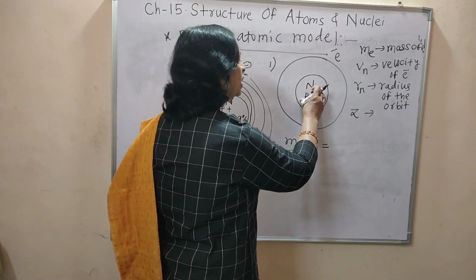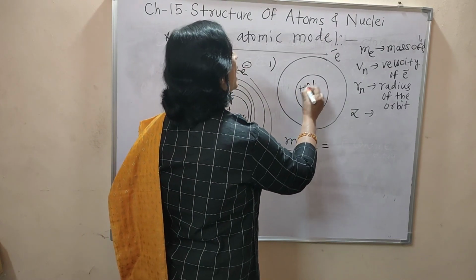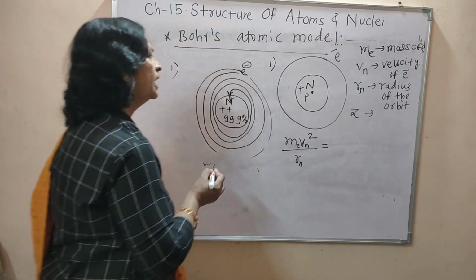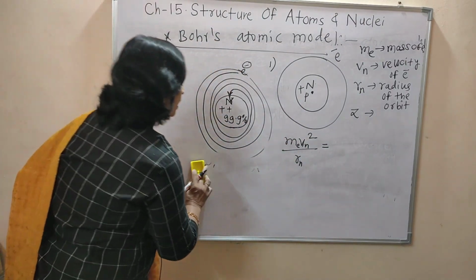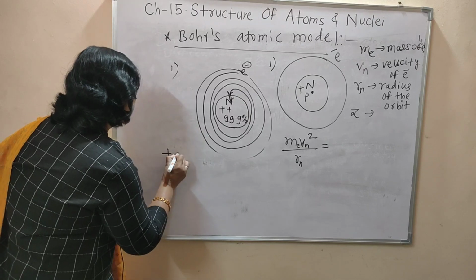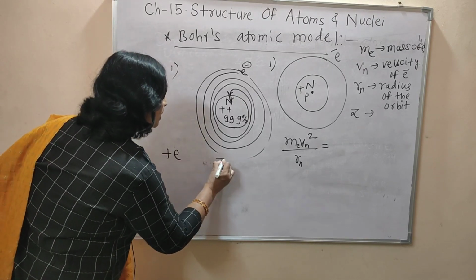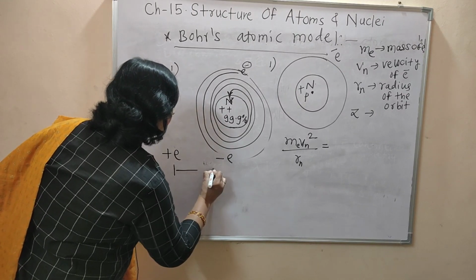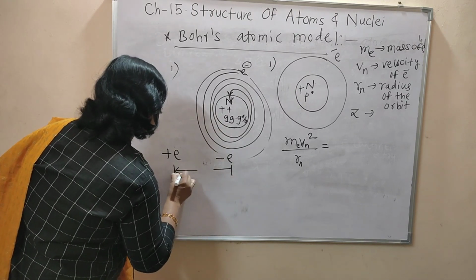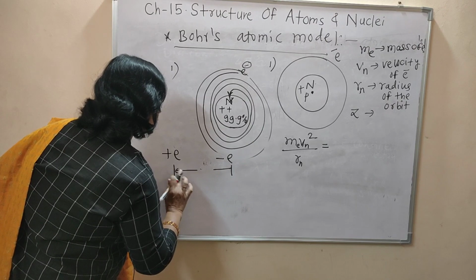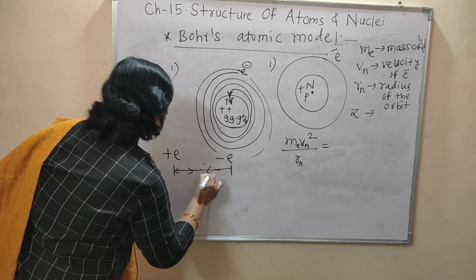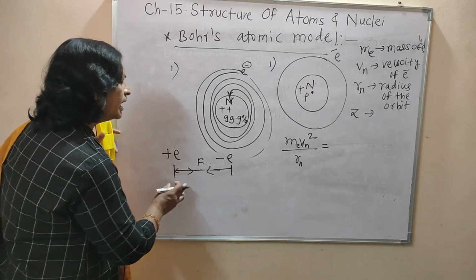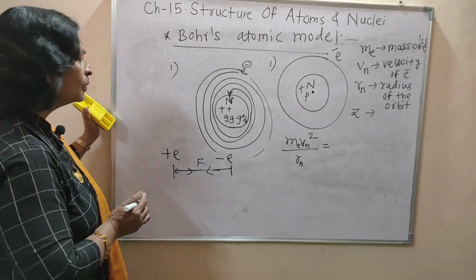between the positively charged nucleus and the negatively charged electron. We know that if two charges are there, plus e, the charge on the proton, and minus e, the charge on the electron, the force between them is a force of attraction, and we can calculate this force with the help of Coulomb's law.